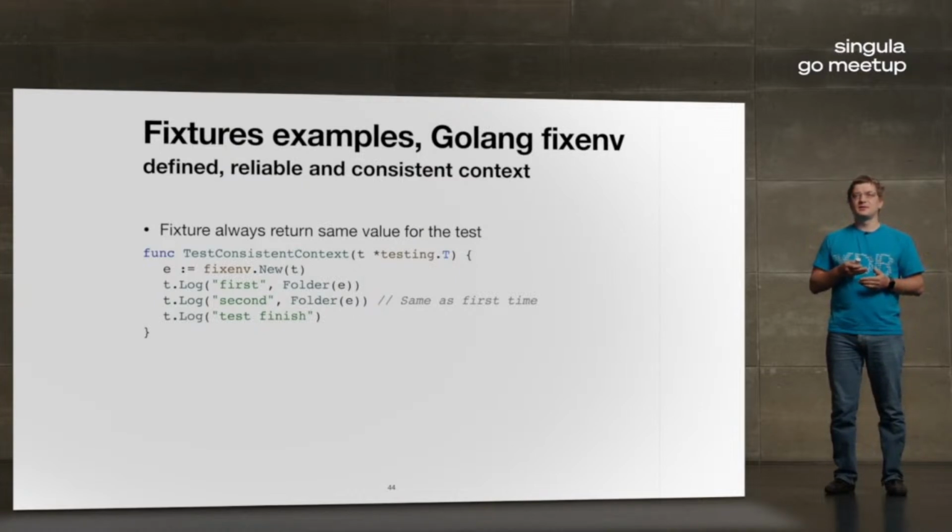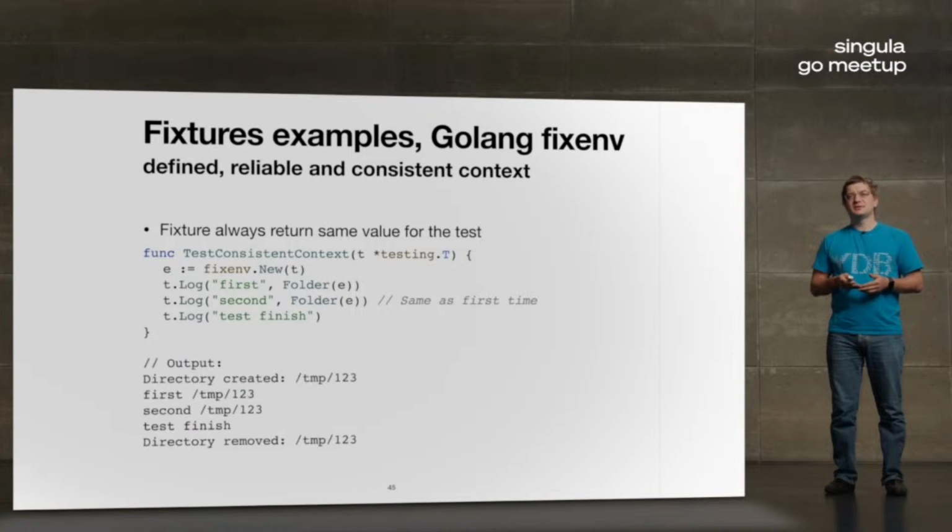Before the folder is returned the first time, it will create a temp folder. Then the first time, second time, and so on, it will return the same folder. After the test finished, the fixture will remove the temp folder with all contents itself. We don't need any cleanup code in the test.